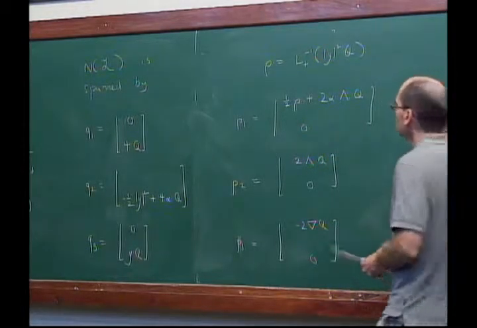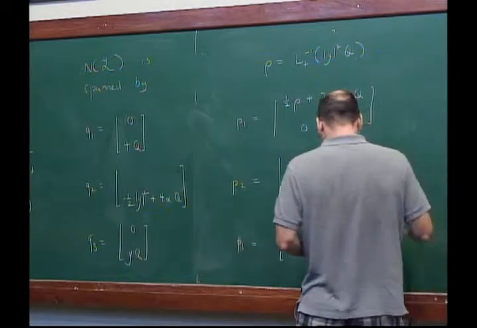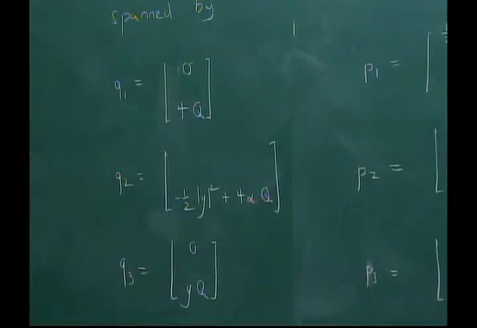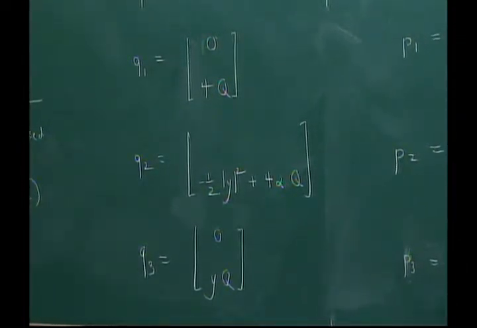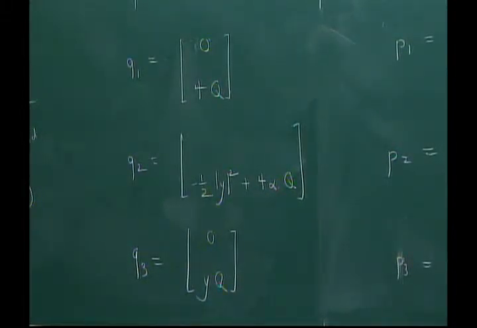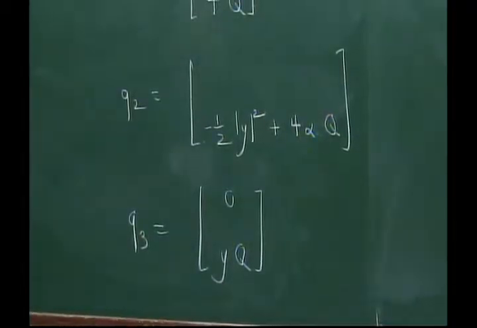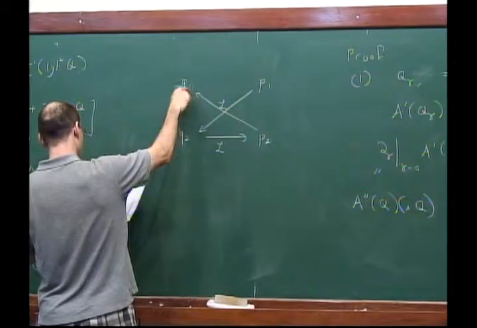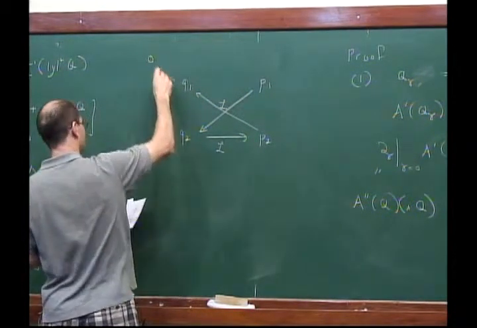I have a diagram here which shows you how L maps P1, P2. If you apply L to P1, you get Q2. And then if you apply L to that, you get P2. And then you apply L to P2, you get Q1, and then you finally get 0.